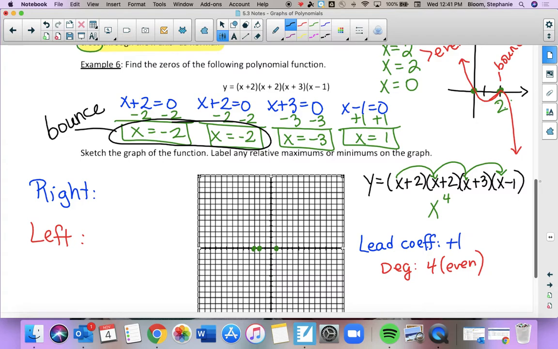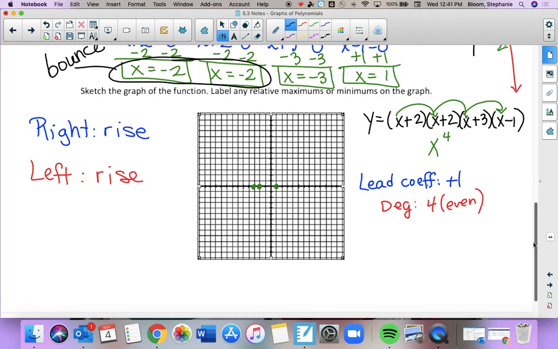Okay, so look back at your little table. What's the right side going to do if it's positive? Rise. What's the left side going to do? Rise. So that means to the left and to the right, I'm going to be up. So here we go. I need to start up because I'm rising. So I'm going here.